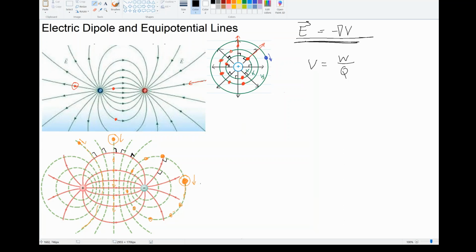So let's consider the gravitational field right now, because we have more experience with gravitational fields. So let's consider a hockey puck, and the reason I consider a hockey puck on the ice is because I don't want to talk about friction, because friction is not part of the gravitational field.